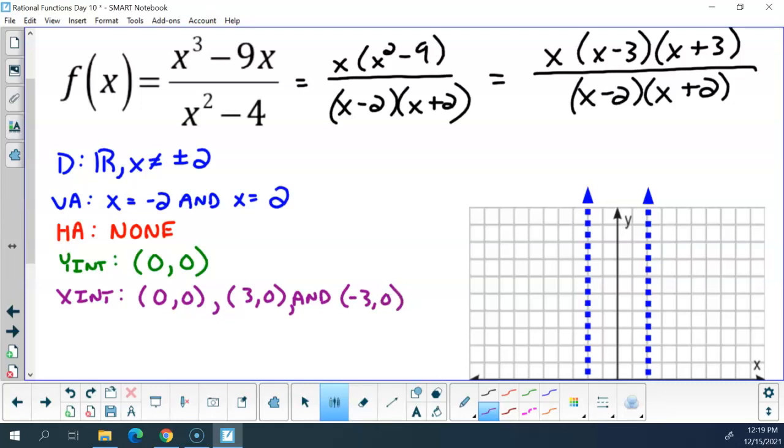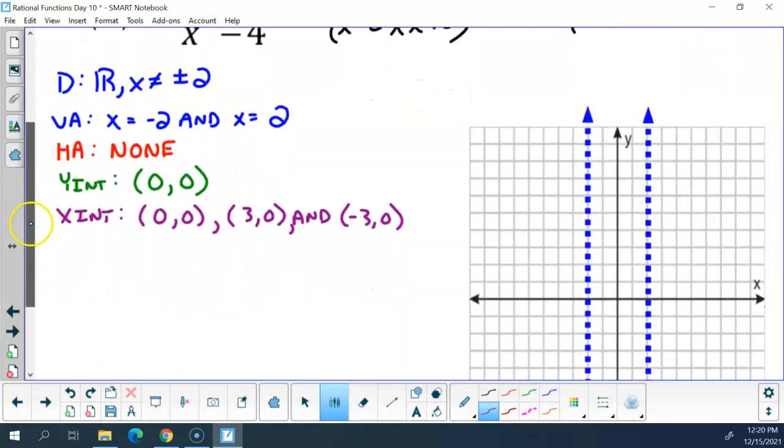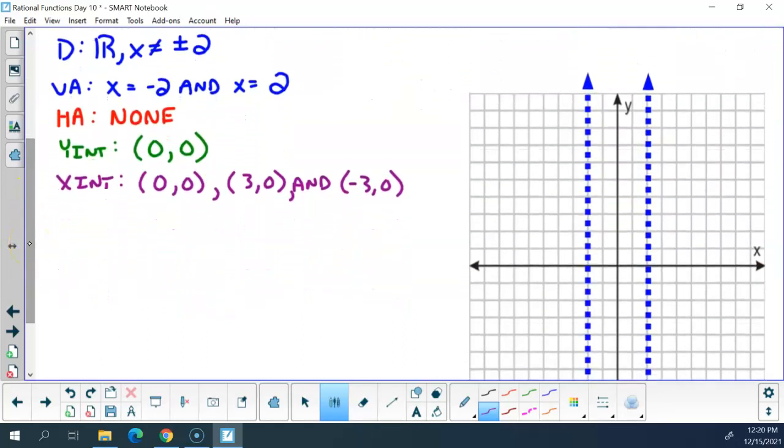Set each factor in the numerator equal to 0. We get negative 3, 0, positive 3, and we also had 0, 0 for the x one there. Yep, love it. Holes. Why none? Nothing canceled out, so that's a none case.